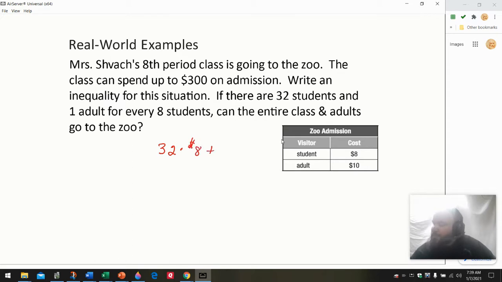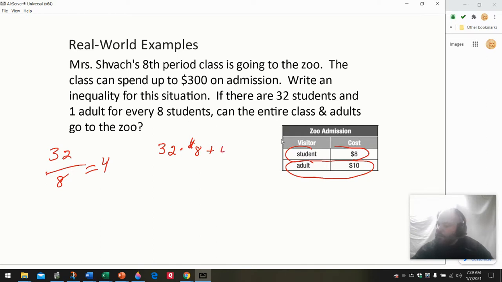And then in addition to that, students are $8, adults are $10, but we have to figure out how many actual adults we're going to have here. So we have 32 students, and it says we need one adult for every 8 students. So if I take 32 and divide it by 8, I end up getting 4. So that means we need to have 4 adults go.